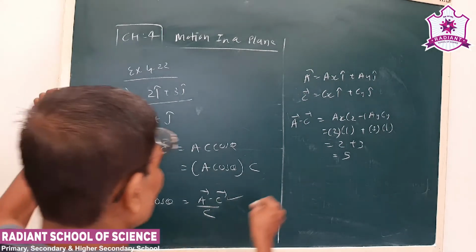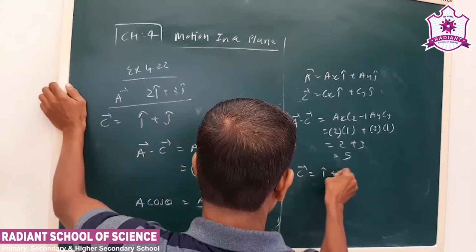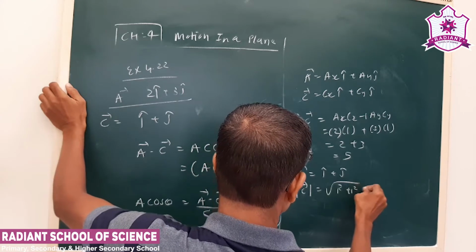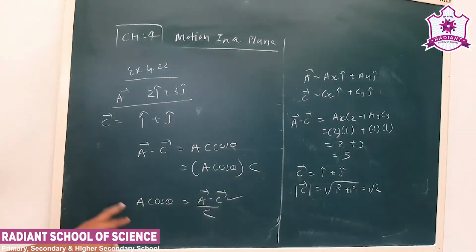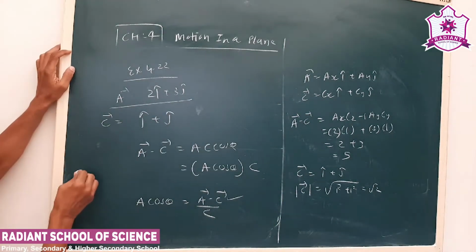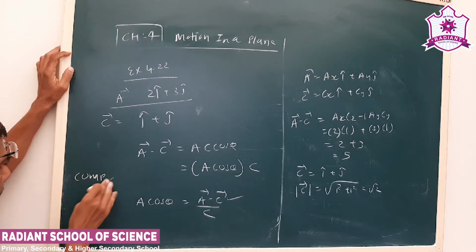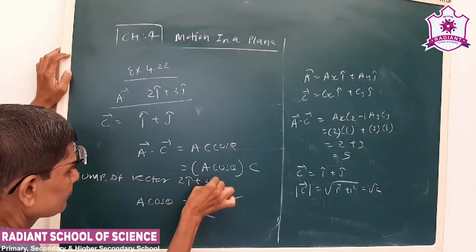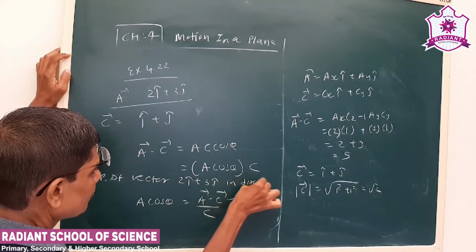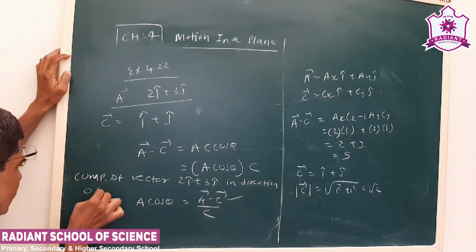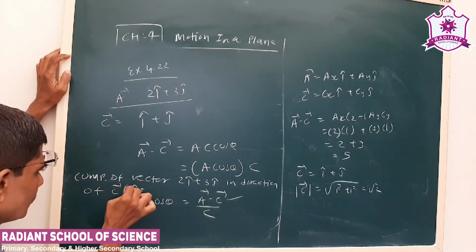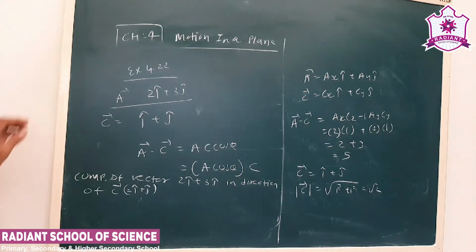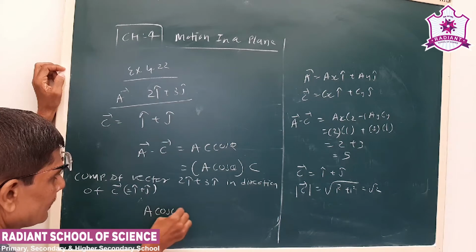Now what is the magnitude of vector C? C is i plus j. The component of the vector i plus 3j in the direction of i plus j is A cos theta.